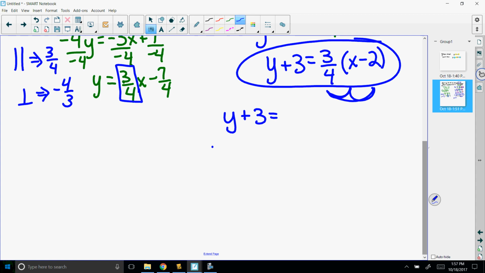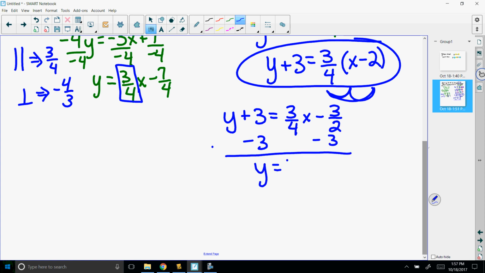If you distribute the 3/4, you get 3/4 x minus 3/2. 6/4 reduces down to 3/2. And then I'm going to subtract 3 from both sides, and you get y is equal to 3/4 x minus 9/2.